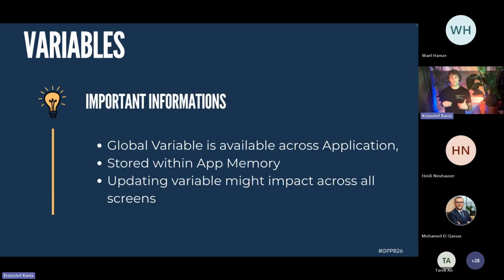But with this updating, we have to be careful because if we do not keep the same data structure in the variable, we might impact other screens in our application reusing this global variable. And even though I've provided you the comparison from a reusability perspective, the most important is the global one because it's available everywhere. So once defined, available in each and every screen.